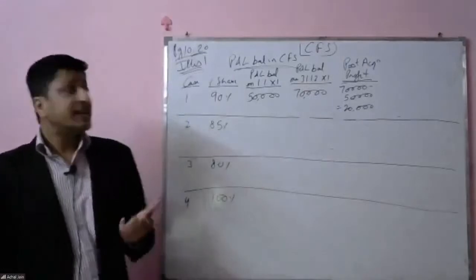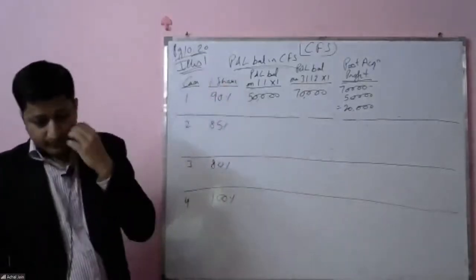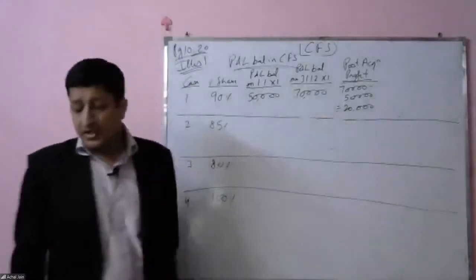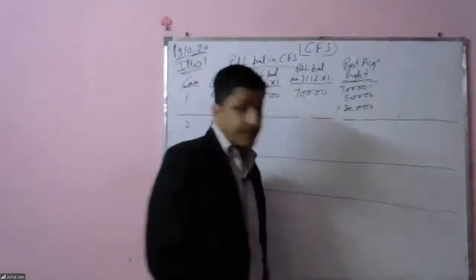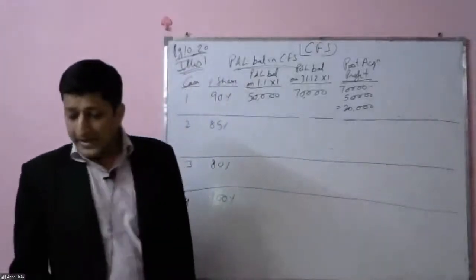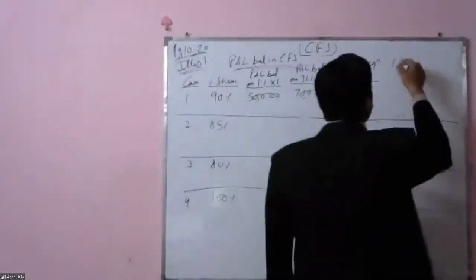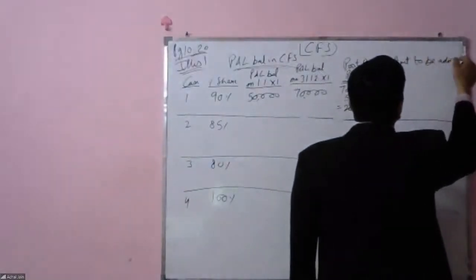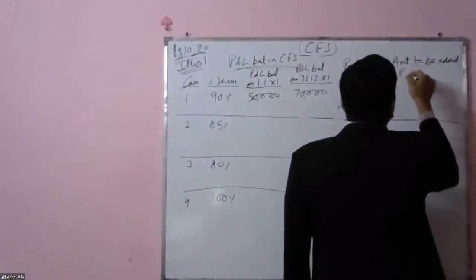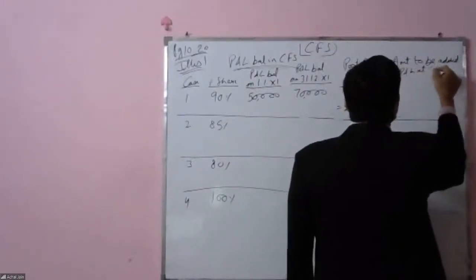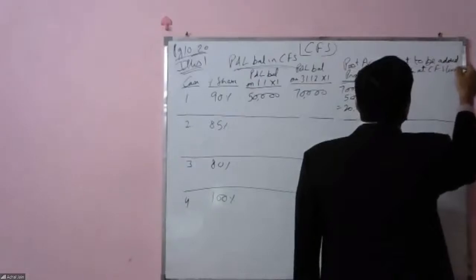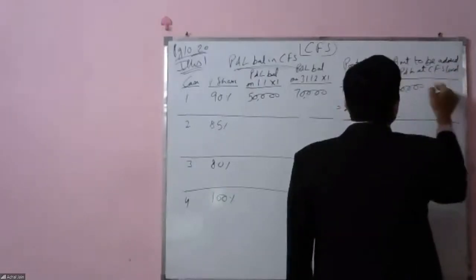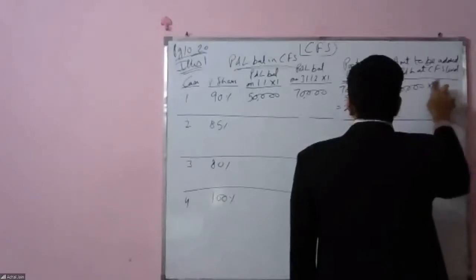So the amount which will get added to the P&L will be what? 90% of this 20,000. So the amount to be added to P&L at CFS level will be 20,000 into 90%.